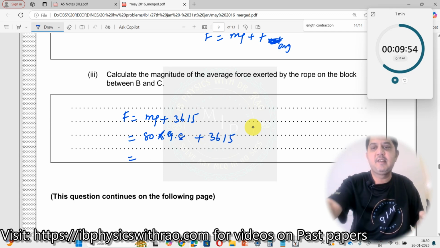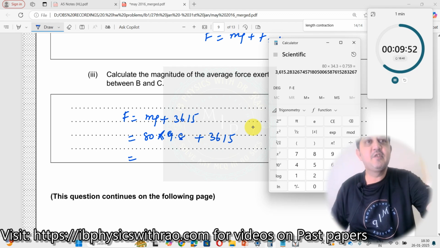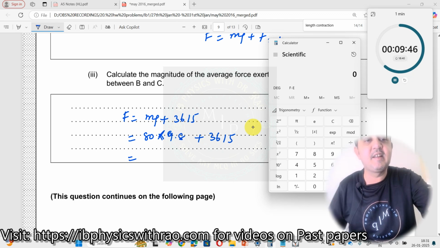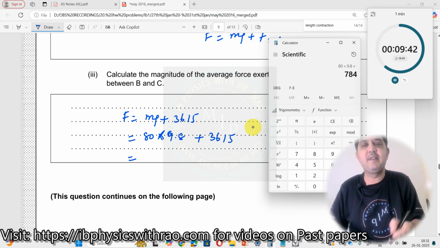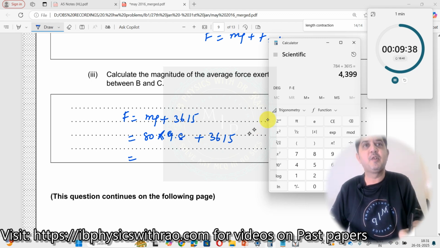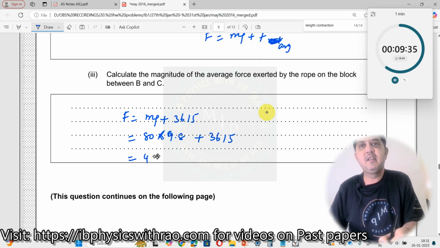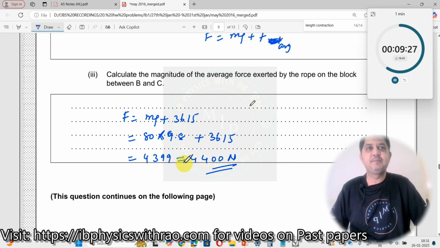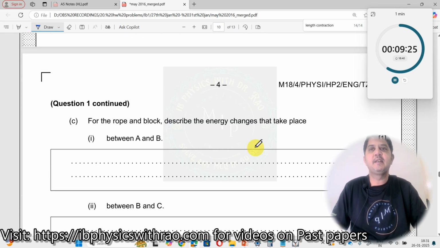When I do this, what is the answer I get? 80 into 9.8 comes out to be around 784. 784 plus 3615 comes out to be around 4,399. Closely, this is equal to 4400 Newton. That's the right answer. Now let us move on to the next one.